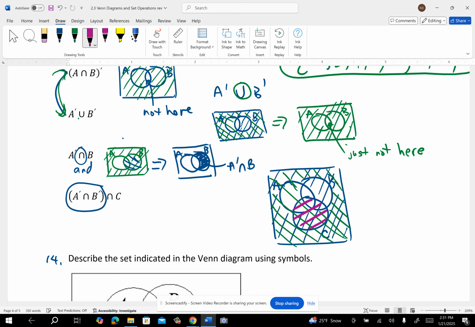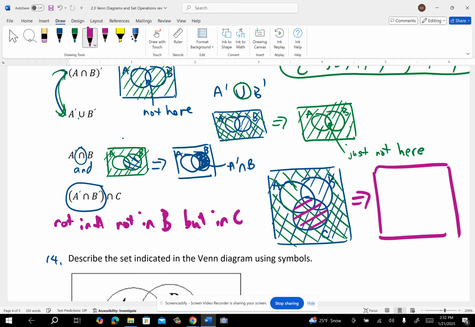So what I need is to be outside A, not in B, but in C. Can you see that our final answer means I can't be in that circle or that circle, but I have to be in this one.